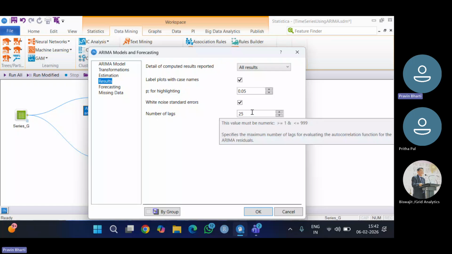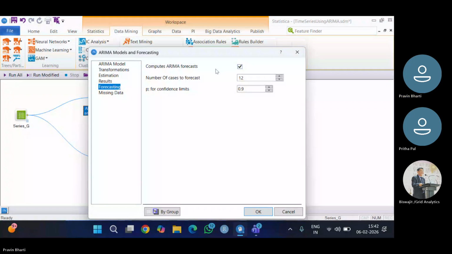Selecting this checkbox will compute ARIMA forecast, and I am forecasting the next year. I mean the next 12 months after December 1960. It will forecast the next 12 months, that is from January 1961 to December 1961.